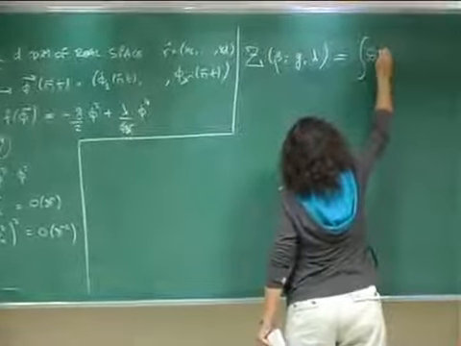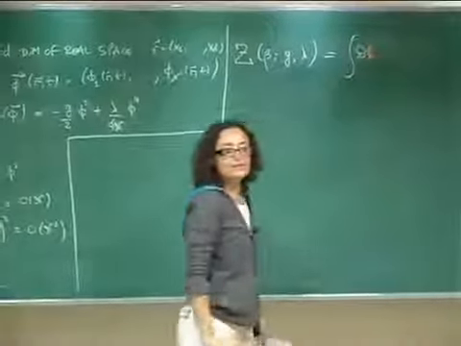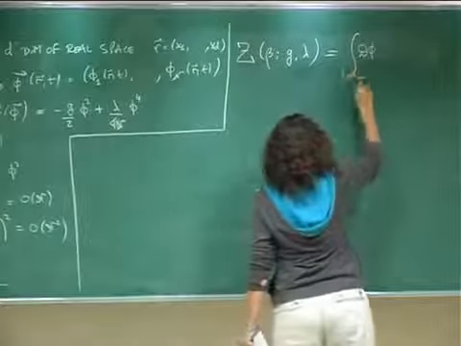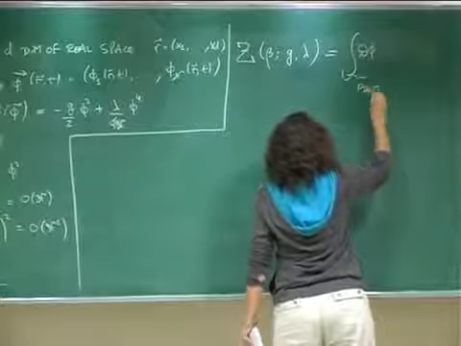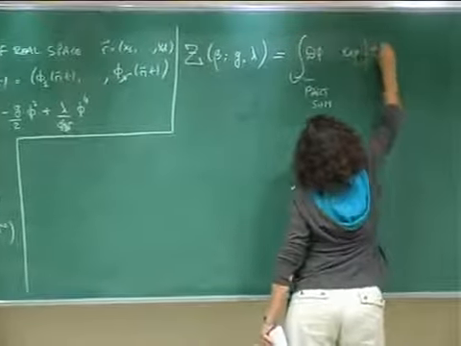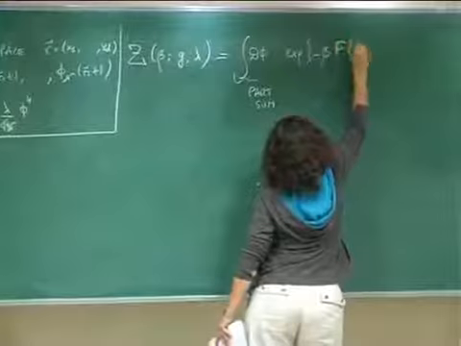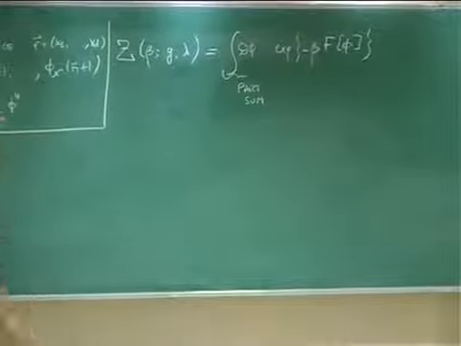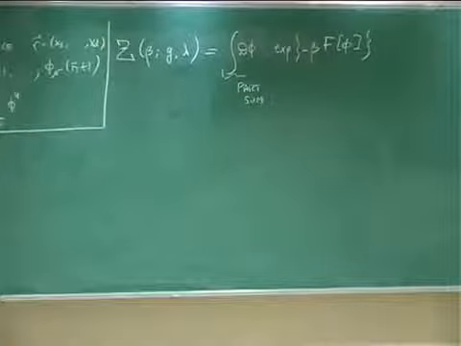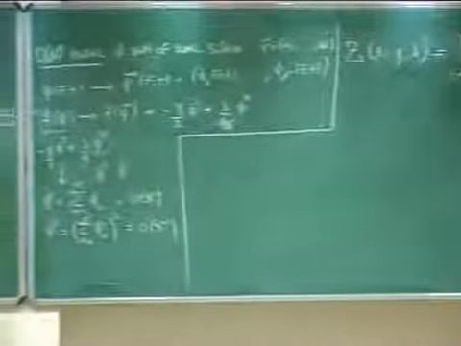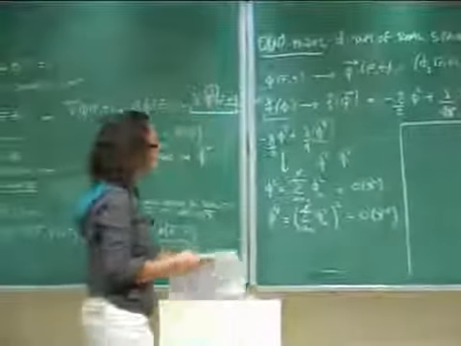I have to sum over all the components of the field, and then I have to take the exponential of minus beta times this big F of phi. So F of phi is almost quadratic, apart from this one, as the Langevin equation was almost linear apart from that one.